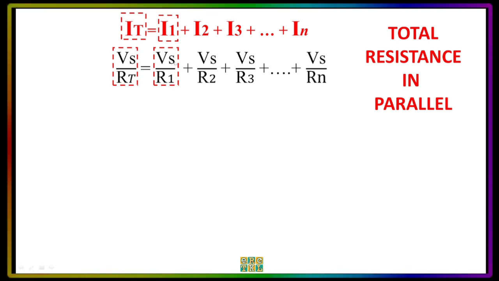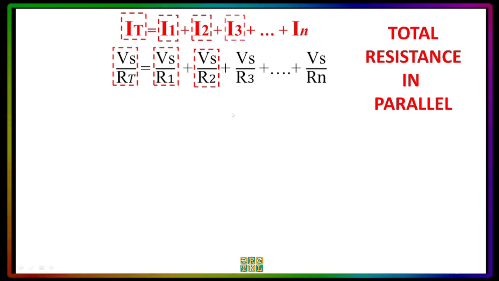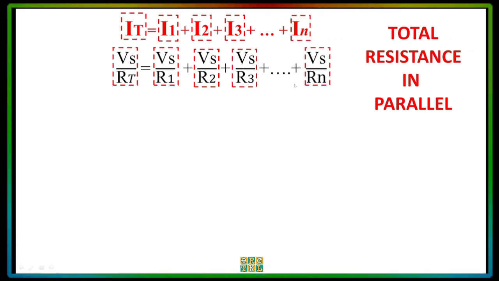Actually, this is equal to V1 over R1, but V1 is also Vs in parallel. I2 will be V2 over R2 or Vs over R2, because V2 is also Vs in parallel circuits. I3 is equal to V3 over R3, but it will also be Vs over R3, and so on. In will be equal to Vs over Rn.